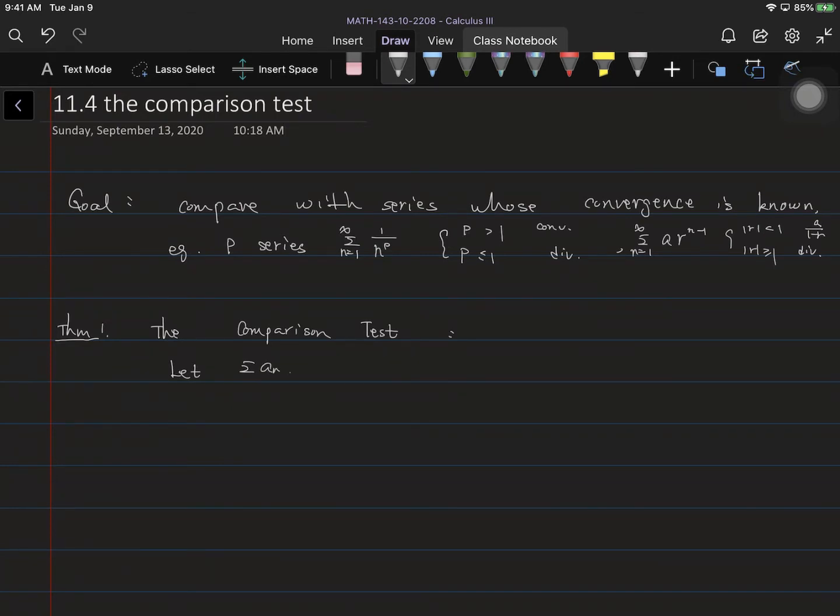Let series AN, CN, and BN with non-negative terms. Suppose that for some n, we have this information.